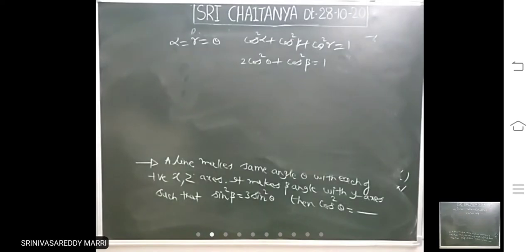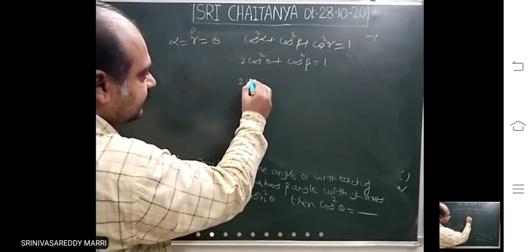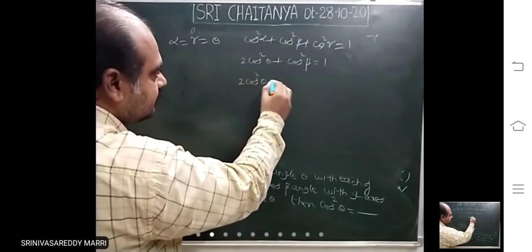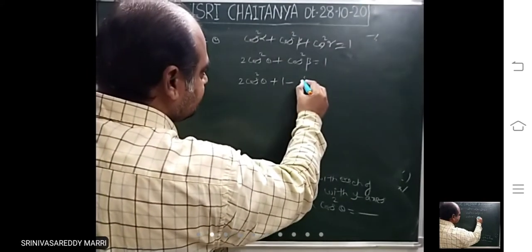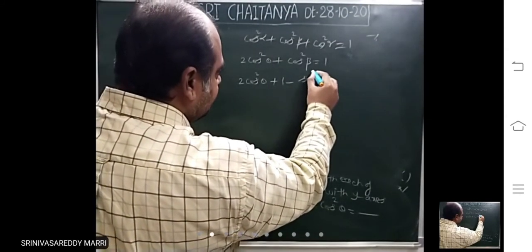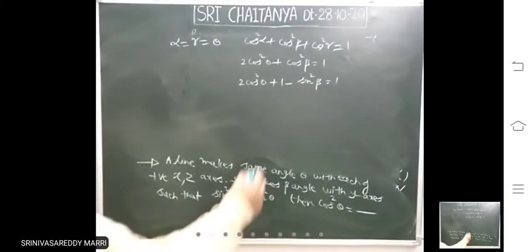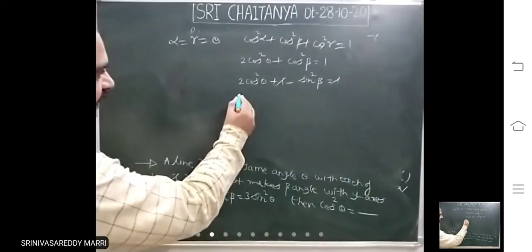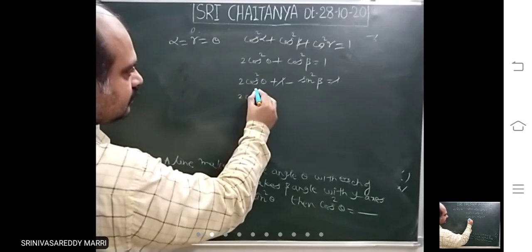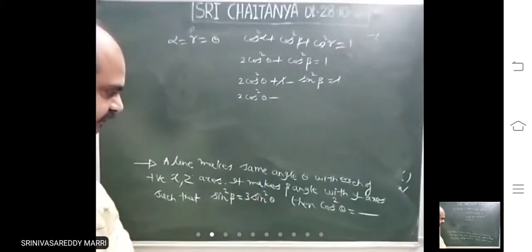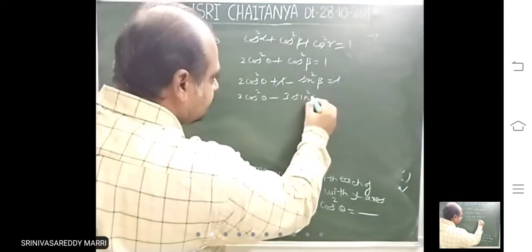So he is asking cos square theta. So beta: 1 minus cos square beta you can write as sine square beta. Sine square beta is nothing but 3 sine square theta, given.